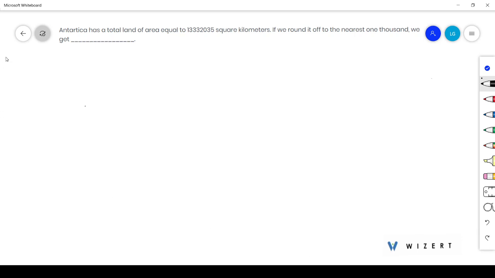Our question is, Antarctica has a total land area equal to 13,332,035 square kilometers. If we round it off to the nearest 1000, what will we get? Okay.